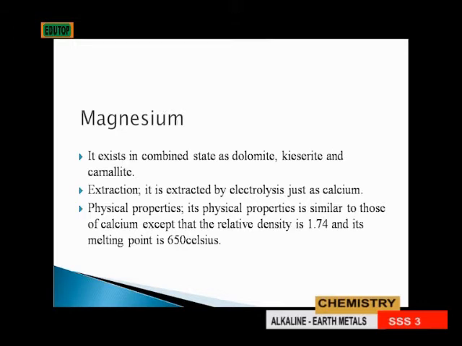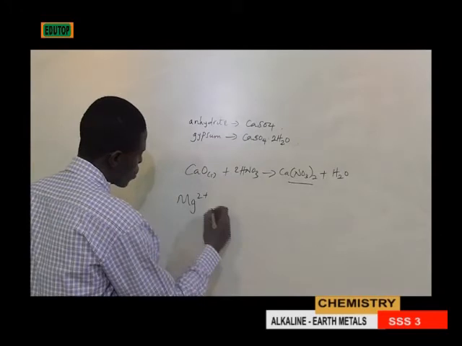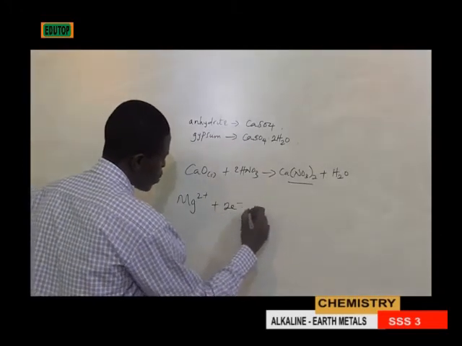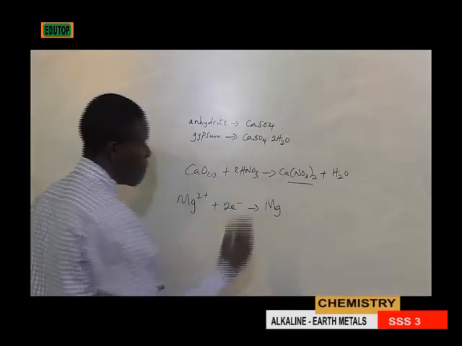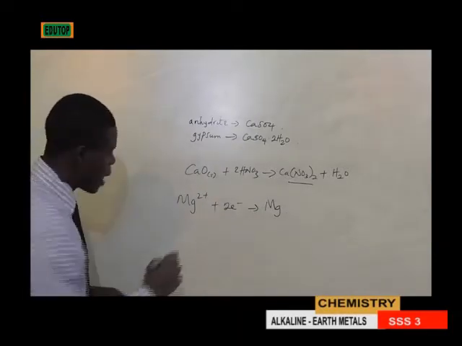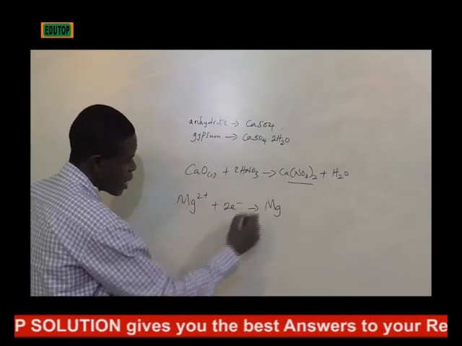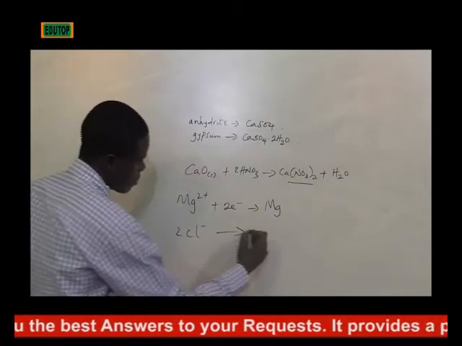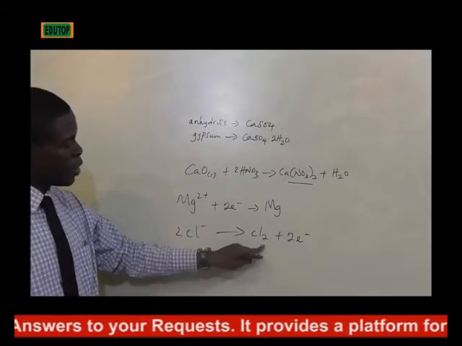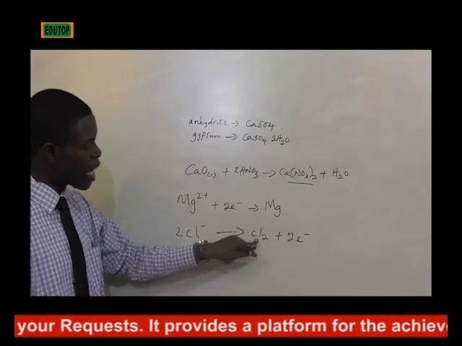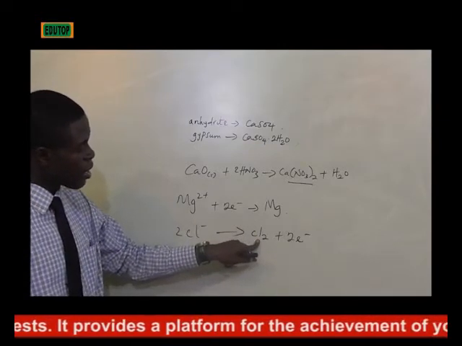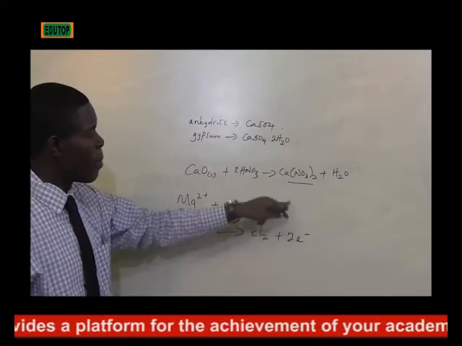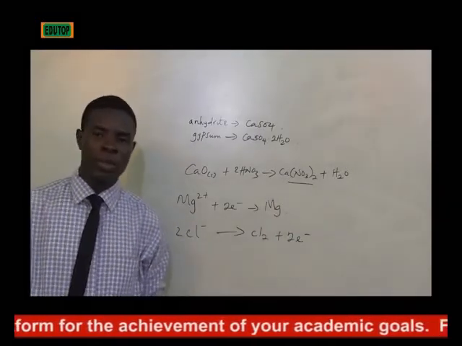It is extracted by electrolysis, just as calcium, where the magnesium 2 plus ion receives 2 electrons to form magnesium metal. This happens at the cathode, while at the anode, chlorine gas is liberated, while at the cathode, magnesium metal is deposited.